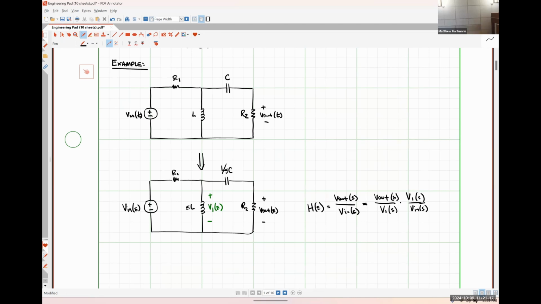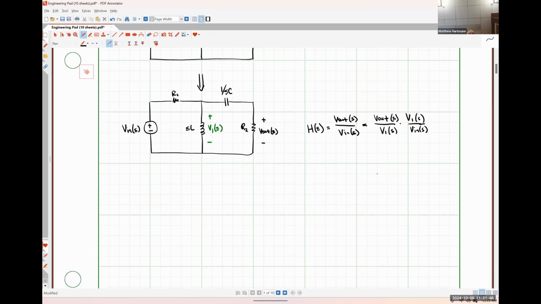And the reason why I'm choosing to break it down in this particular way is because I think I can figure out V1 as a function of Vin just by doing voltage division. And I know for sure I can find Vout as a function of V1 by doing voltage division, right? So this is just a way for me to break it down into more bite-sized, manageable steps without getting lost in all of the details, okay?